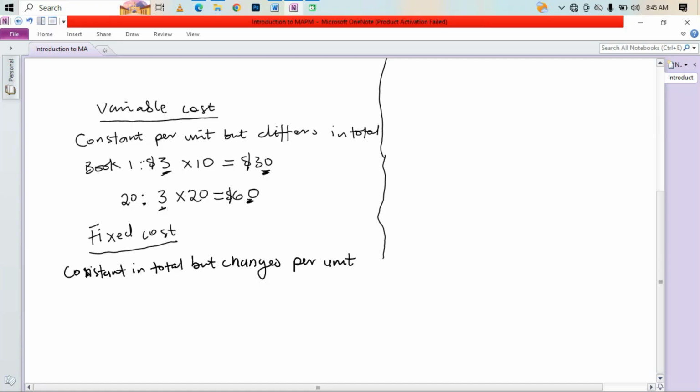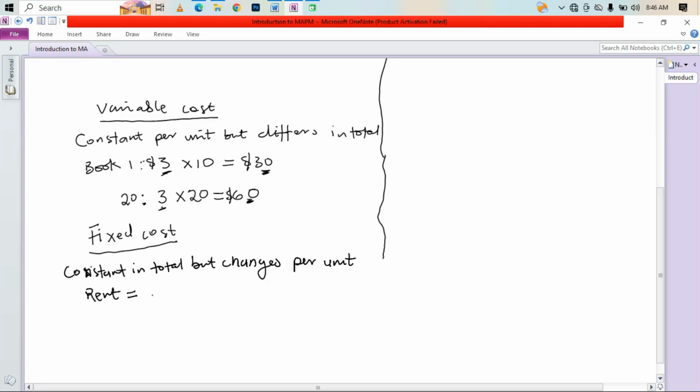So with a fixed cost, the total is the same, but when you allocate that fixed cost to 1 unit, it changes based on the level of production. For example, if we have a fixed cost, say rent, and you are in manufacturing and you rented a warehouse.